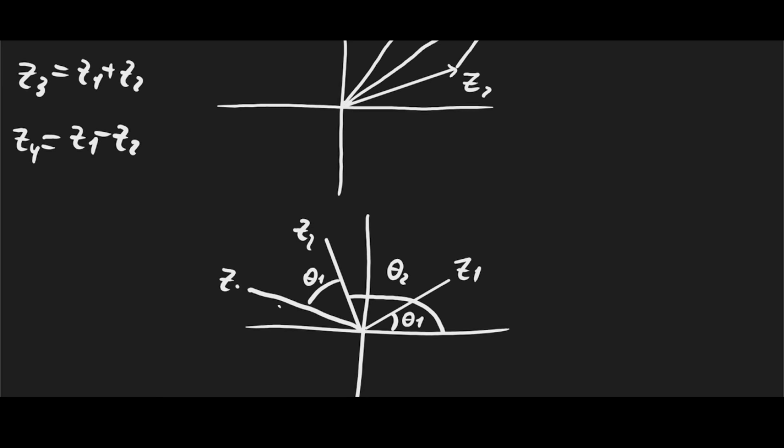So this would be z3. z3 can be represented, if the magnitude of z2 was r2 and the magnitude of z1 was r1, as r2 times r1 times e to the i times theta 1 plus theta 2.